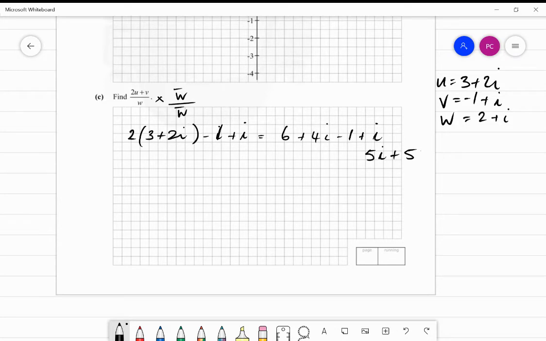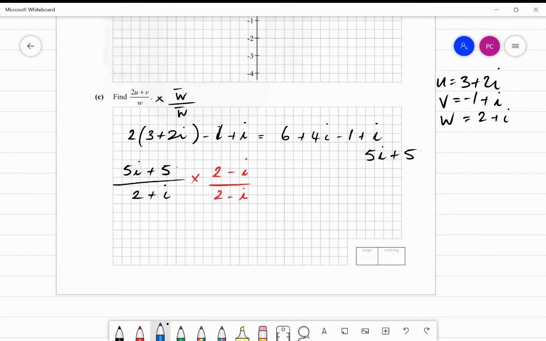So the top line of that I can rewrite as 5I plus 5, and that's being divided by 2 plus I. We need to multiply top and bottom by the complex conjugate of the bottom. That is just the bottom complex number, but the sign is different in the middle.